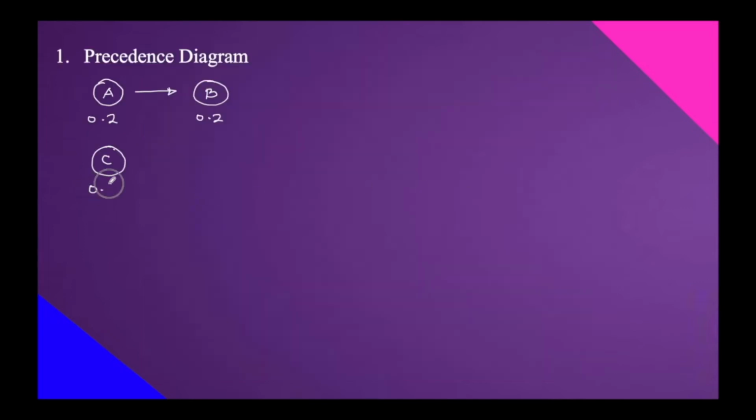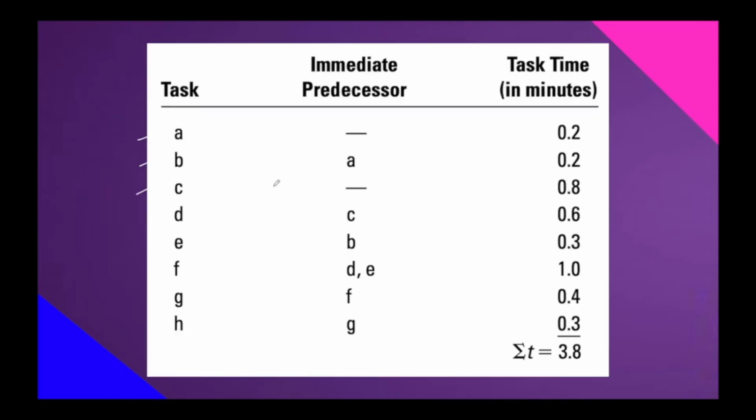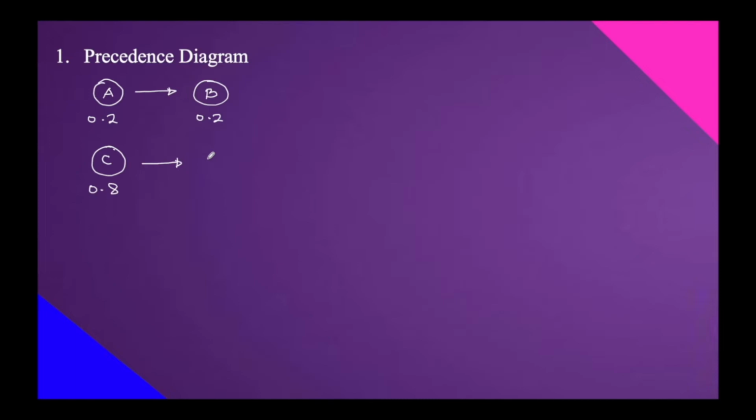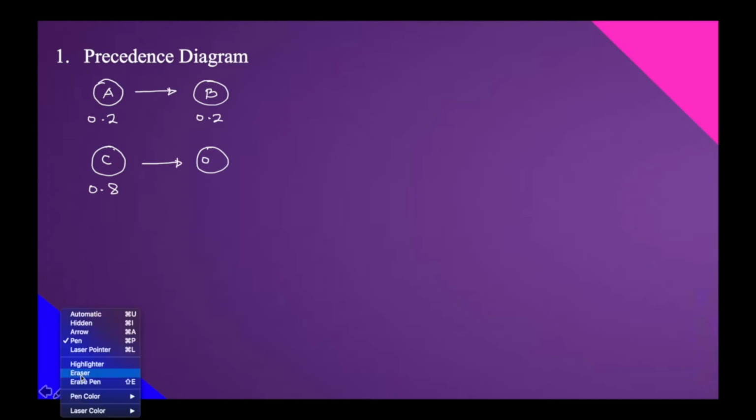Nakadugtong sa kanya si letter D, which is 0.6. So, letter D here. Sa loob ko pa isusulat yung number. It is up to you. There is no such thing as standard format naman dito.